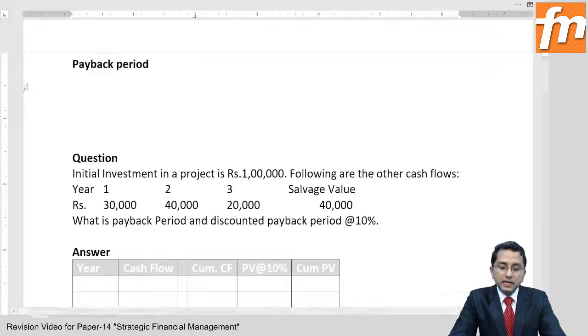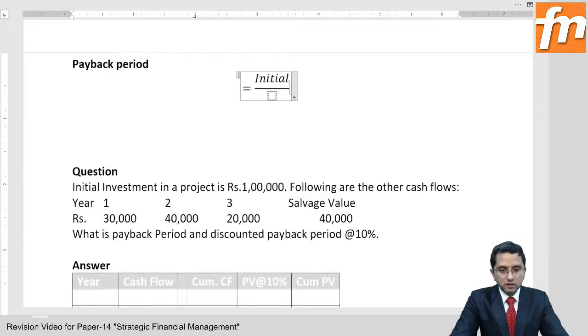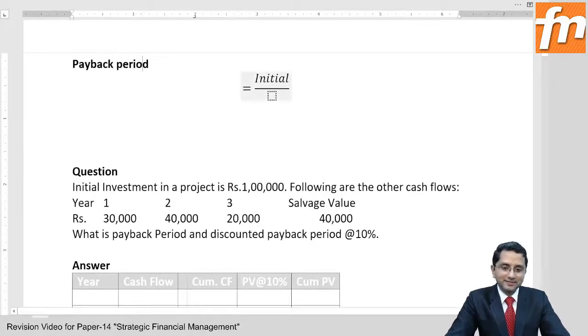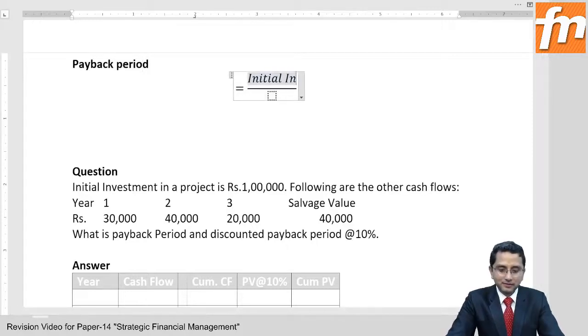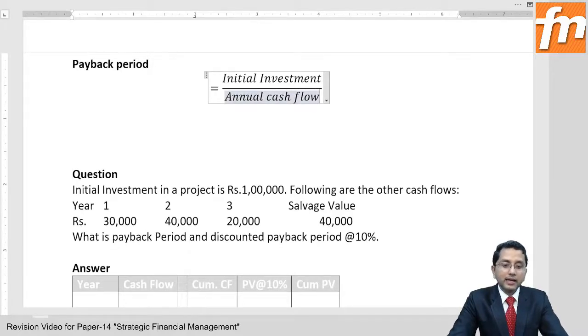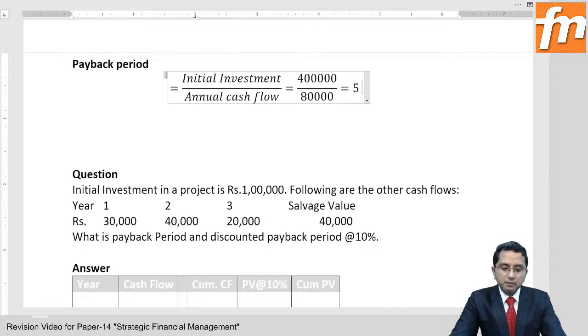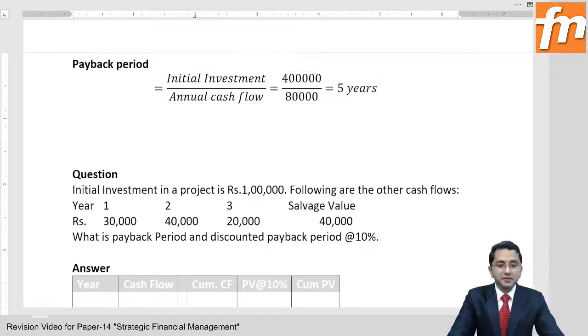This is simply equal to initial investment divided by annual cash flow. So I invested initially 4 lakh rupees, and every year I have inflow of 80,000 fixed. So my payback period is 5 years, like this.